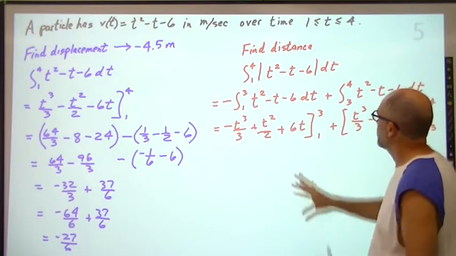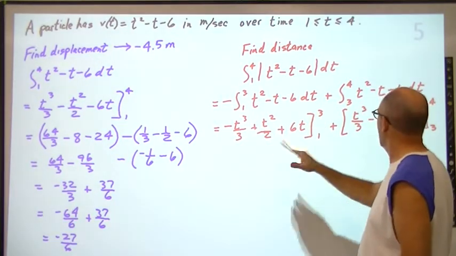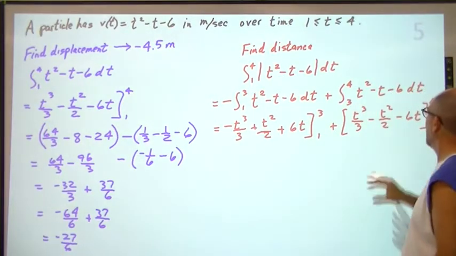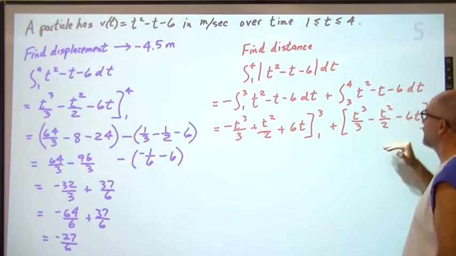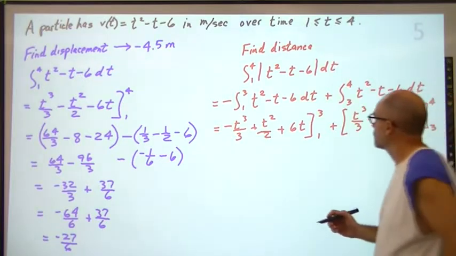So we're going to put the 3's in, and we're going to put the 1's in, and we subtract. Then we put the 4's in, and we put the 3's in, and we subtract those. And when we add the 2 up, we end up with 61 over 6.